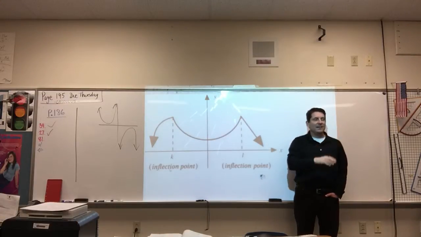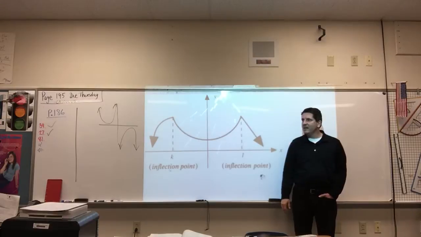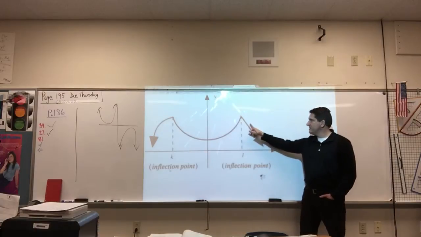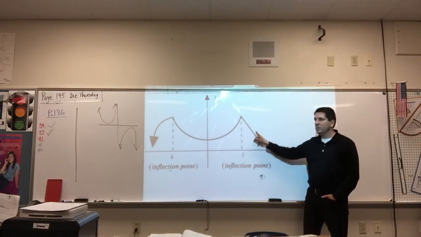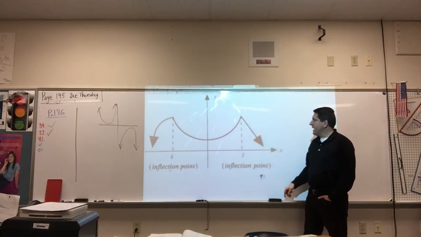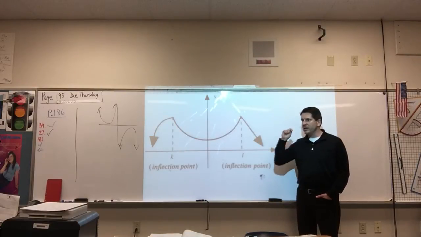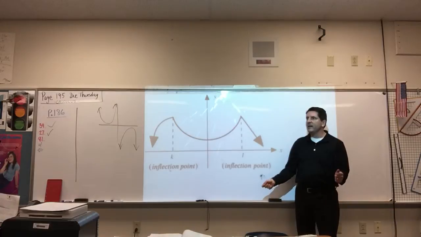So at the point where that line, would that still be an inflection point? This would be an inflection point as long as this is curving down. And if it was a line, it would not be an inflection point? It would not, because inflection points only occur when it changes from either concave up to concave down or vice versa. It can't go concave down to nothing.